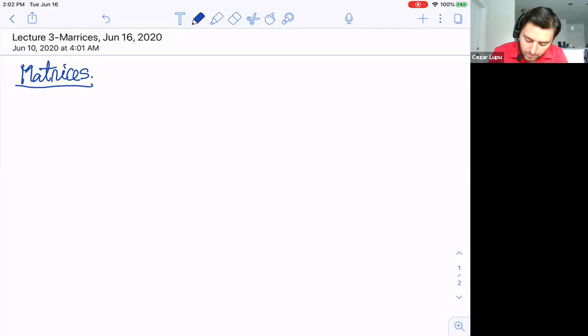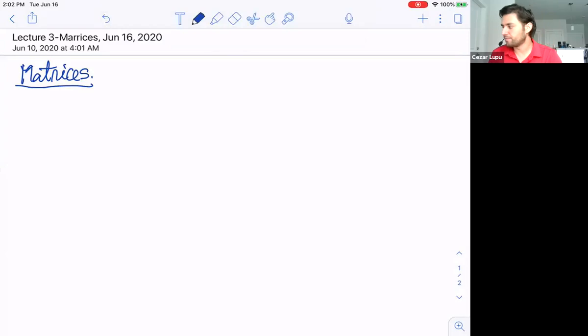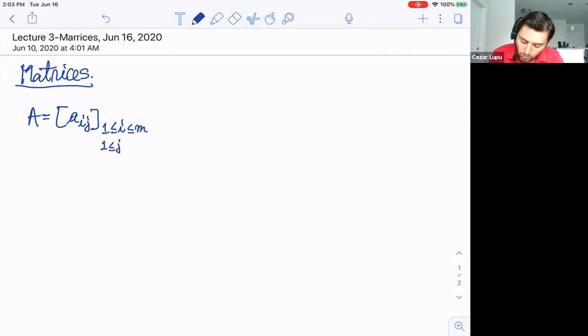So what is a matrix? A matrix is something that looks a little bit like this. Let me denote it A. It has the entries Aij with i between 1 and m, and j between 1 and n.